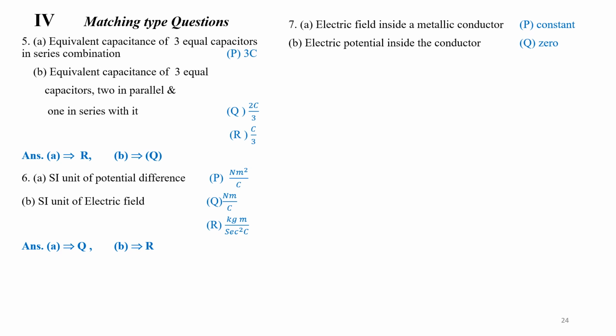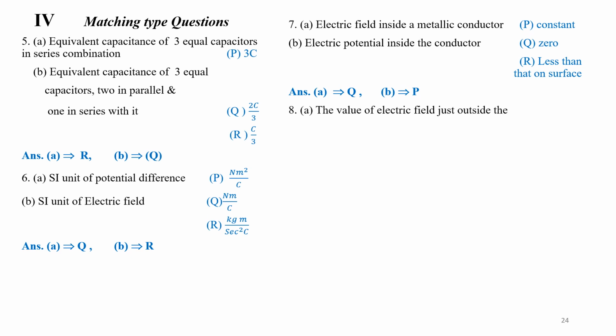P is constant, Q is 0 and R is less than on the surface. So A is Q, that is electric field inside a metallic conductor is 0. Electric potential inside the conductor is constant, that is P.